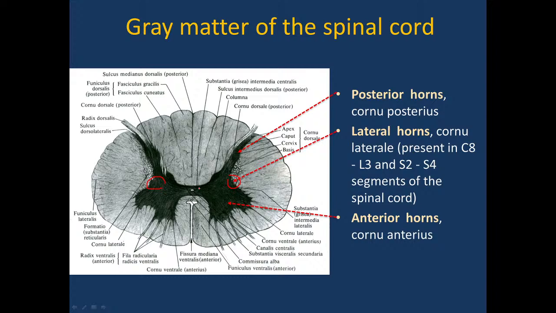This lateral horn contains neurons of the autonomic nervous system, which send their axons out of the cord by way of the anterior root along with the somatic efferent fibers. It means this is a special center of the autonomic nervous system.